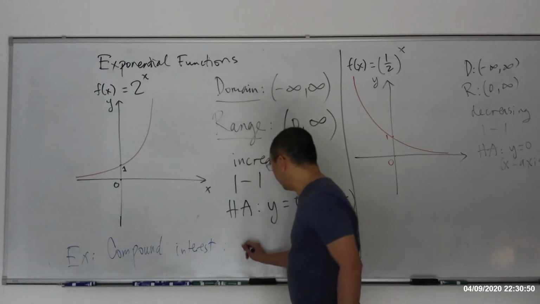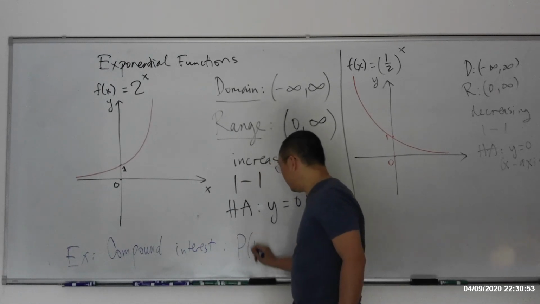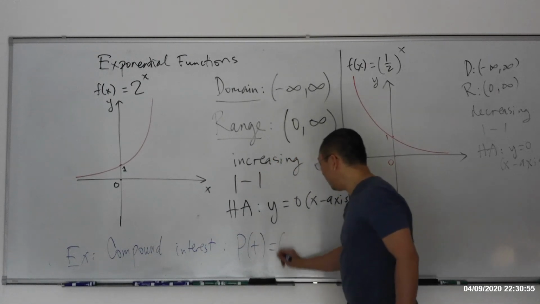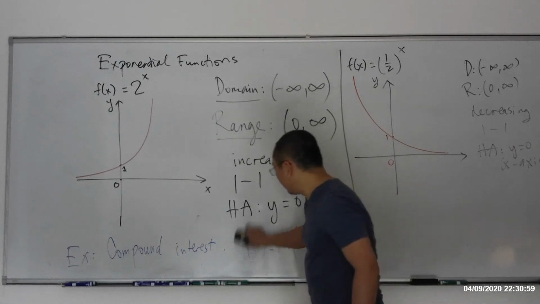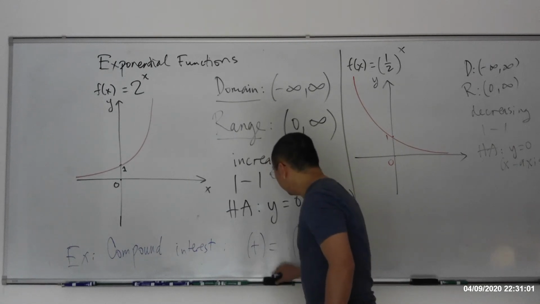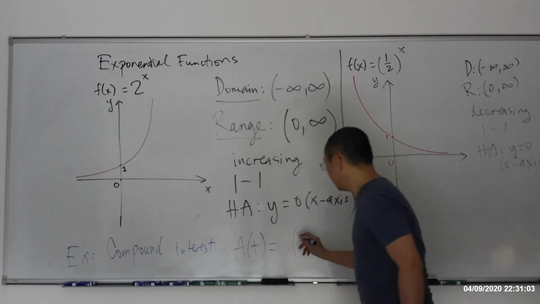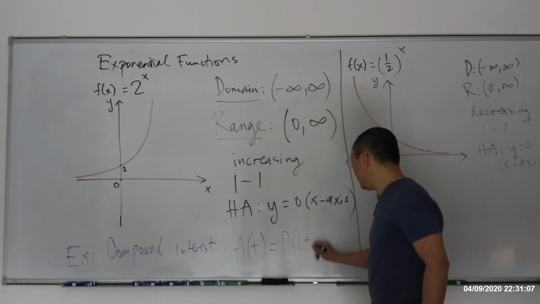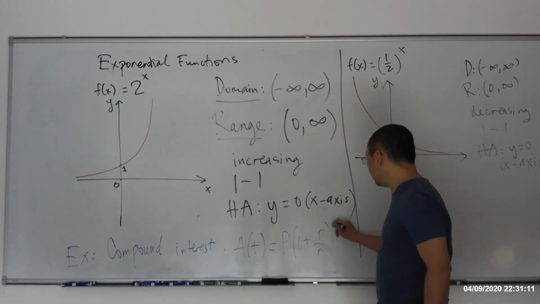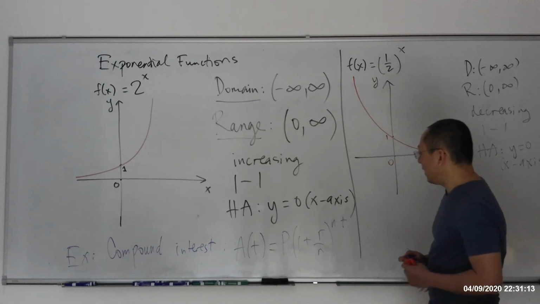You have A of t is equal to, I wrote it backward, I just try to match the letters with what you see in the book. P times (1 plus r over n), everything raised to the power of n times t. This is called the compound interest formula.